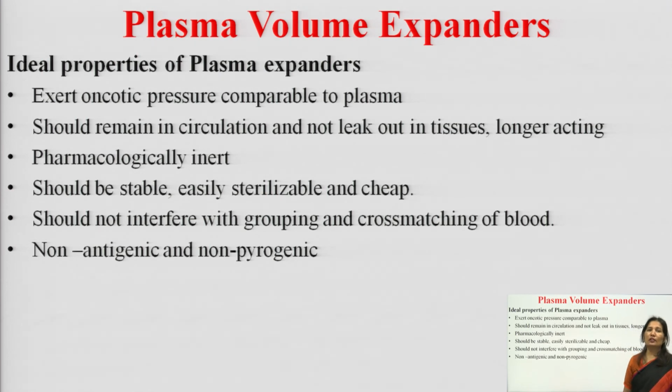So, now what should be the ideal properties of plasma volume expanders? They must exert oncotic pressure comparable to plasma. What is oncotic pressure? Oncotic pressure is the colloidal osmotic pressure that is exerted by proteins present in the plasma.